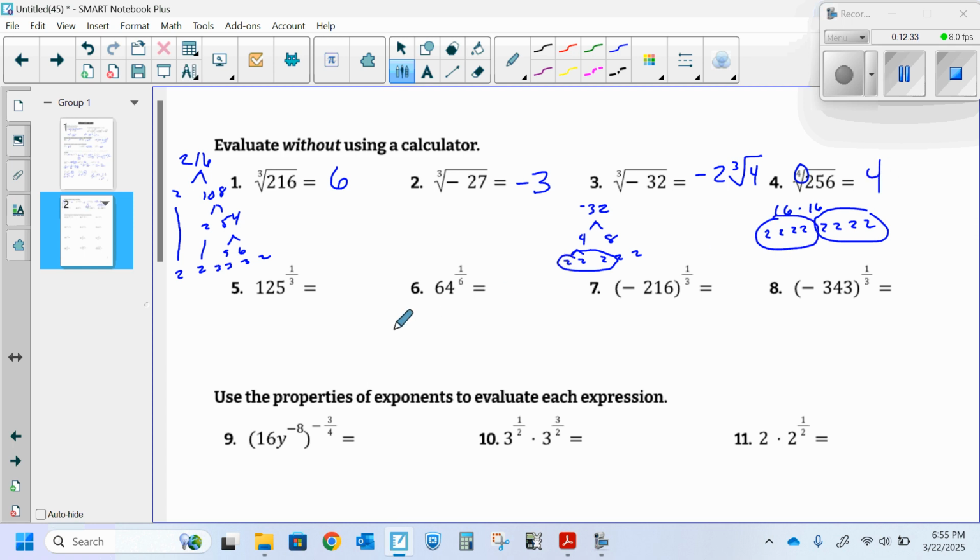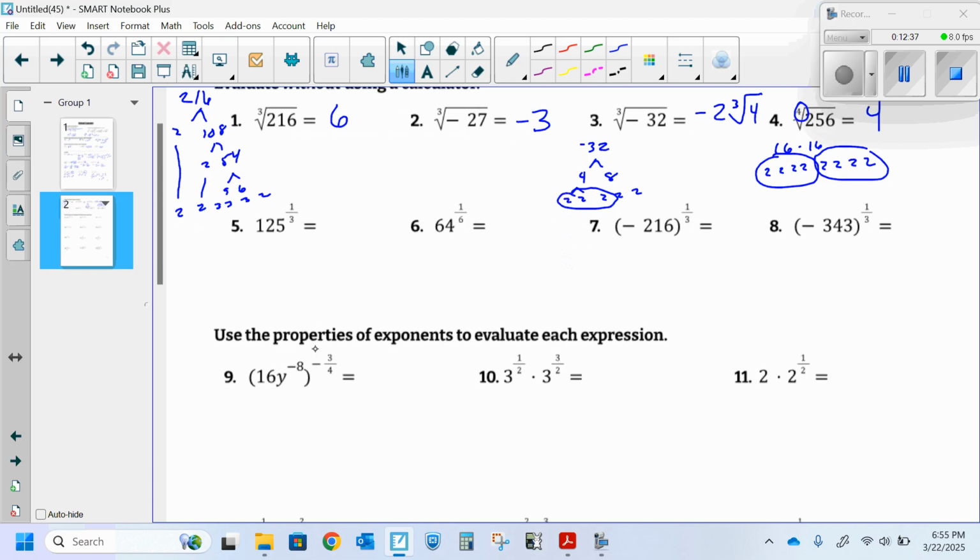All right, now we have some fraction exponents here. That's the cube root of 125, which is 5. The 6th root of 64, which is 2. Cube root of negative 216.